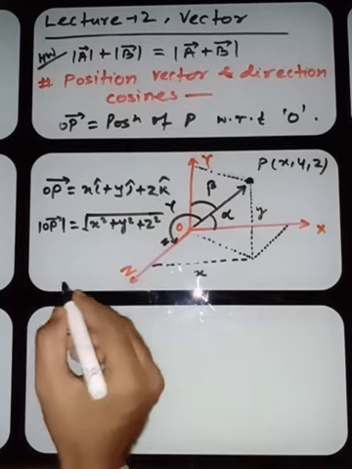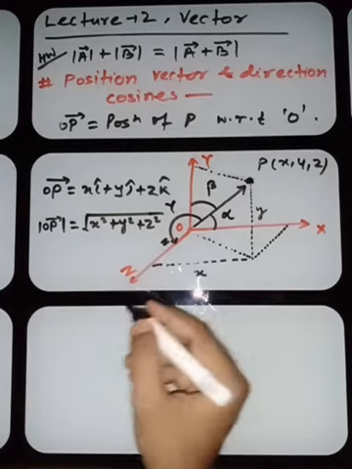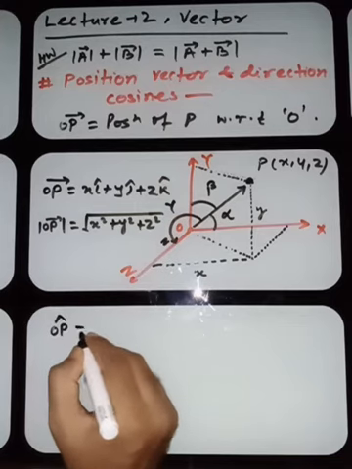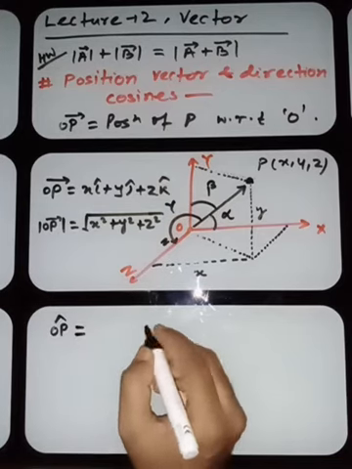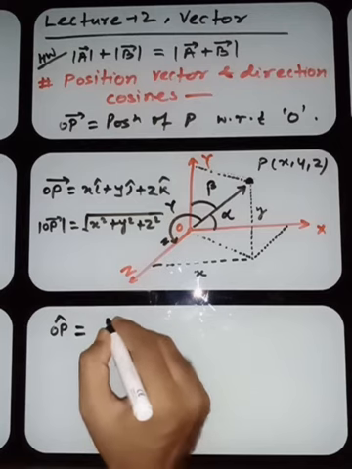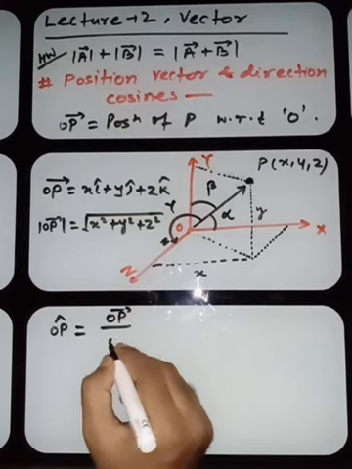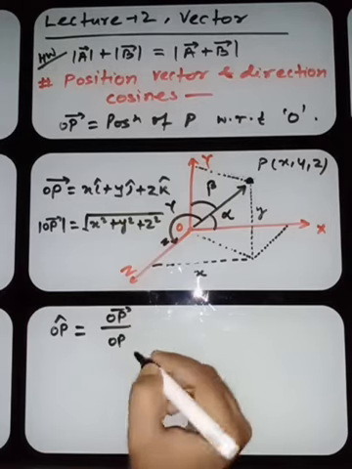Now, try to find the unit vector of this OP. It means OP cap. It is vector OP divided by mod of vector OP.